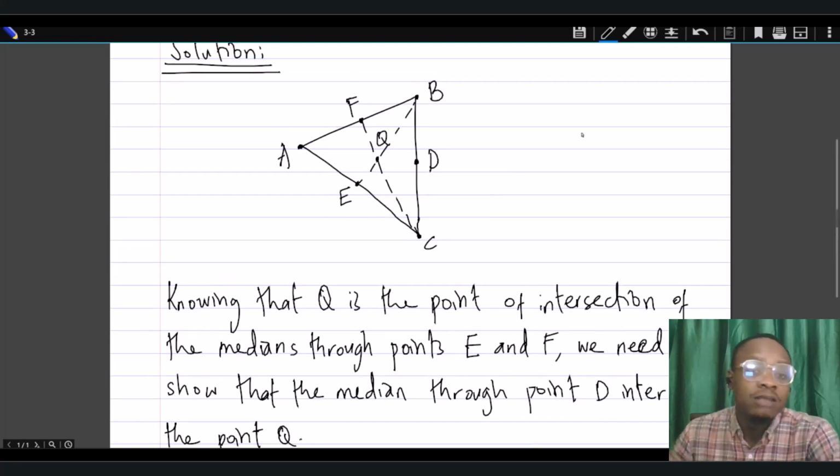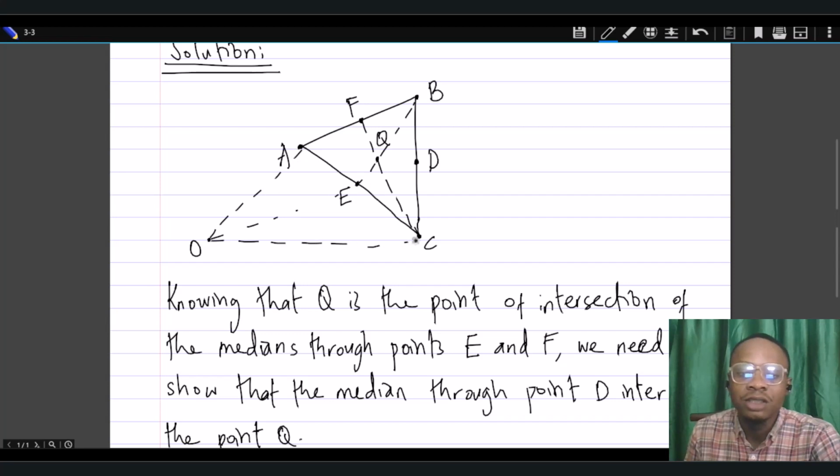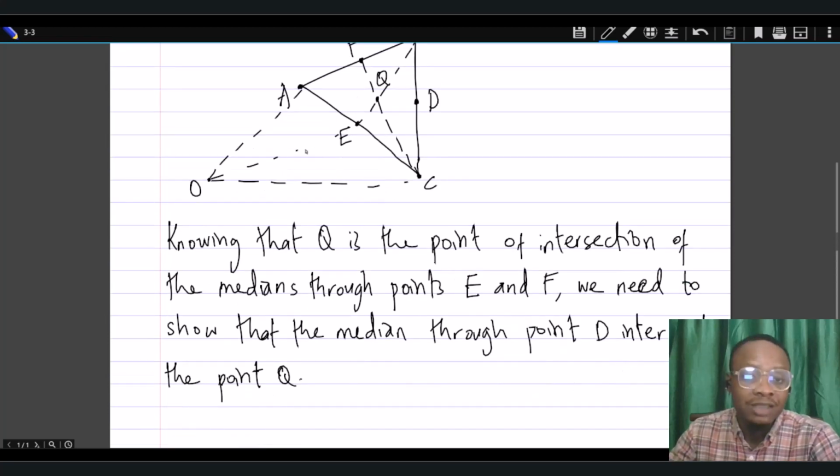So if we pick an arbitrary point O, that point O can be just anywhere now. So let's say this is point O. We can use it to take the position vector for each of these points. So we can say that there's a position vector for A, there's a position vector for E, there's going to be a position vector for C as well. Okay, so we'll come back to that shortly.